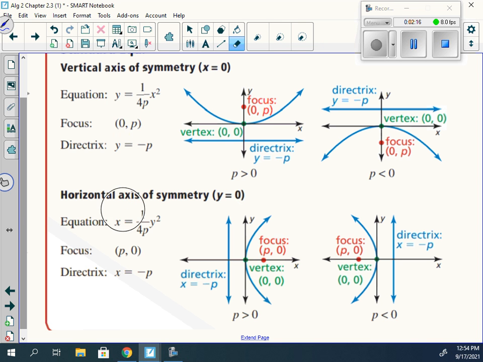Because if the vertex was not 0, 0, we would have to change and alter these a little bit. And when we get to that, we'll see the other equations. But for today, we're mainly focusing on setups when the vertex is at 0, 0, where it intersects the x and y-axis.